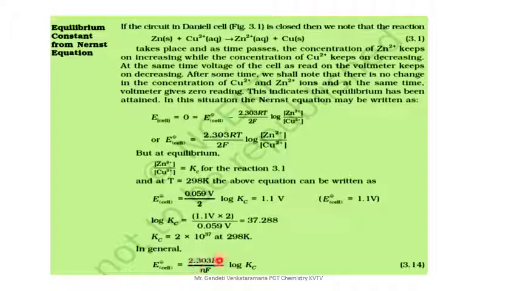So again I am telling you, 2.303 RT by F, this value is equal to 0.059. Always remember, directly write E naught equal to 0.059 by n log Kc. Okay, easily you can solve the question.